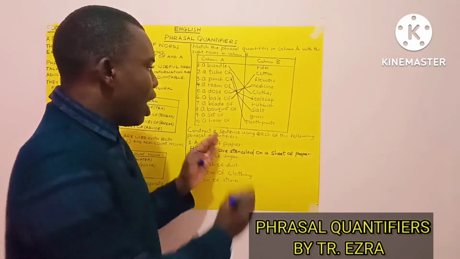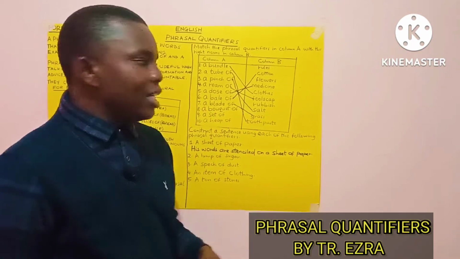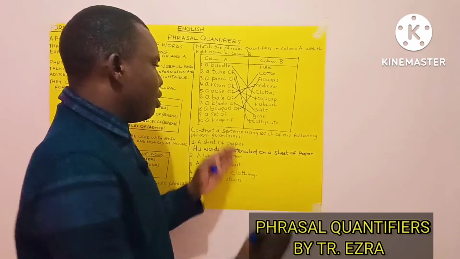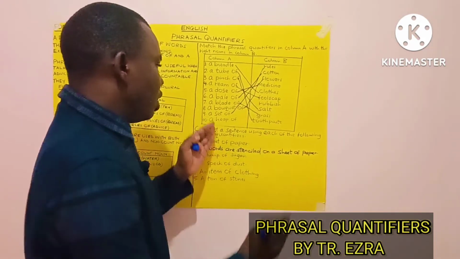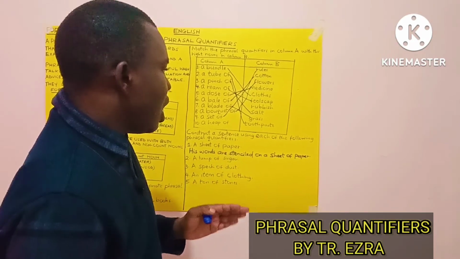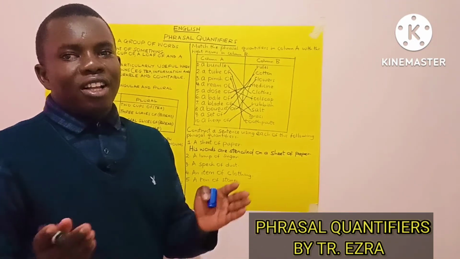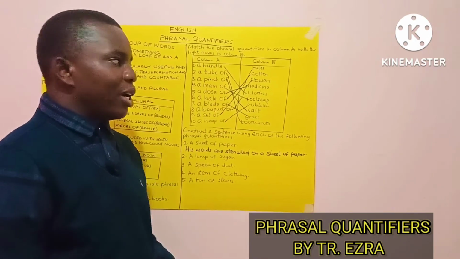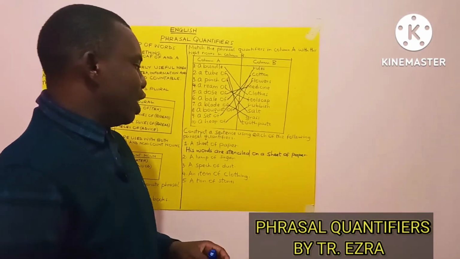Number 7, a blade of grass. Number 8, a bouquet of flowers. Number 9, a set of rules. And then number 10, we have a heap of rubbish. So there for you are the phrasal quantifiers in column A with their corresponding nouns in column B.